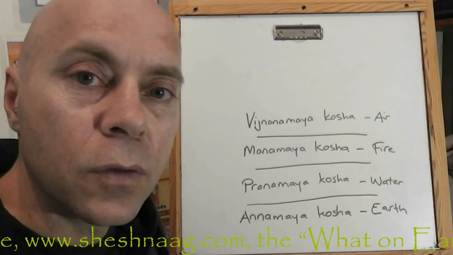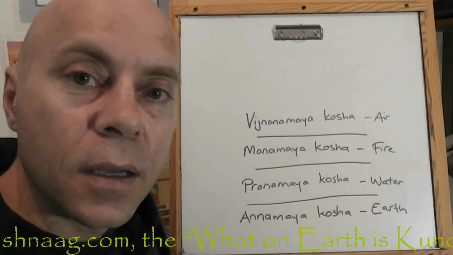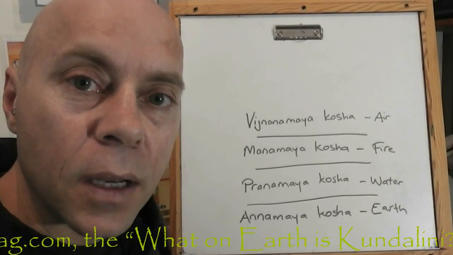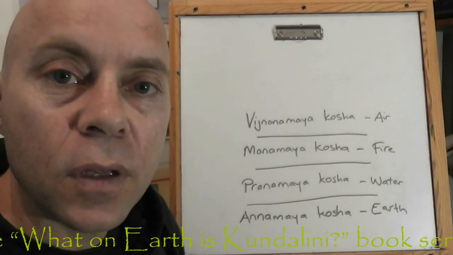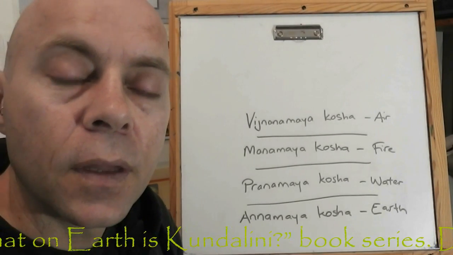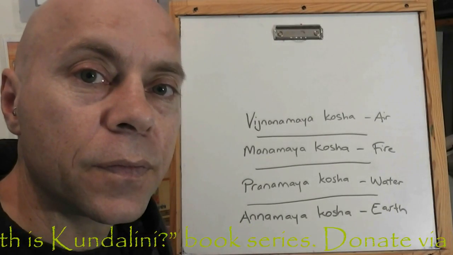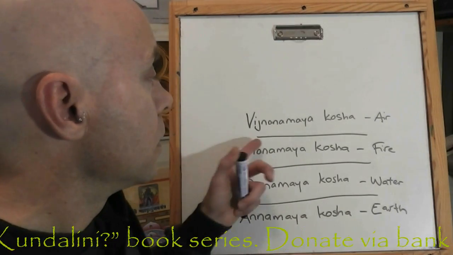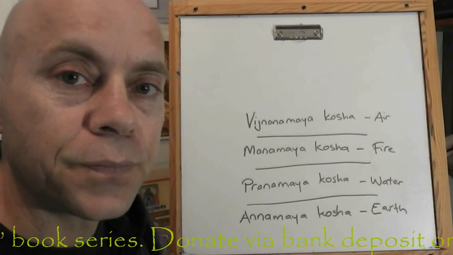It has to do with the right side of the brain, the creative, the expressive, the part of you that is able to perceive beyond the dimension of time and space. The intuitive mind, the Vijnanamaya Kosha.